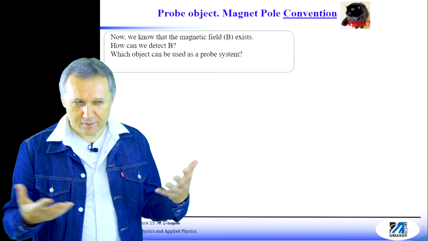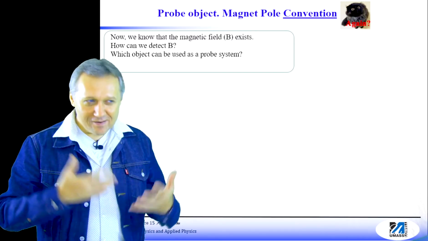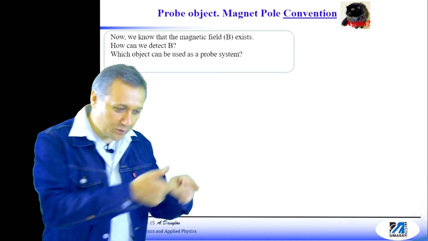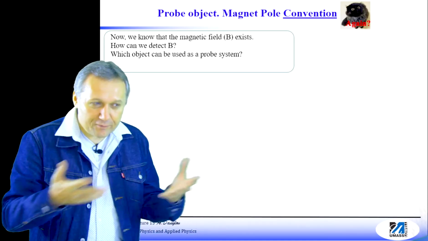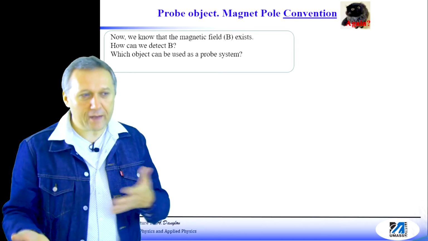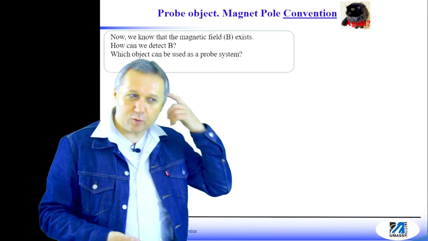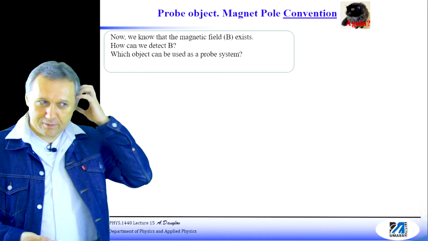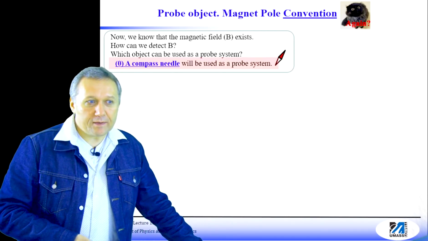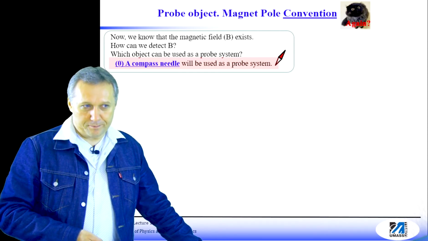Any device? Can you recall? It's a compass. In a compass, we have that compass needle, which is effectively just a permanent magnet. Small, light, simple. And most people, especially in the old days, had compasses. Why not? So that will be used as a probe system.